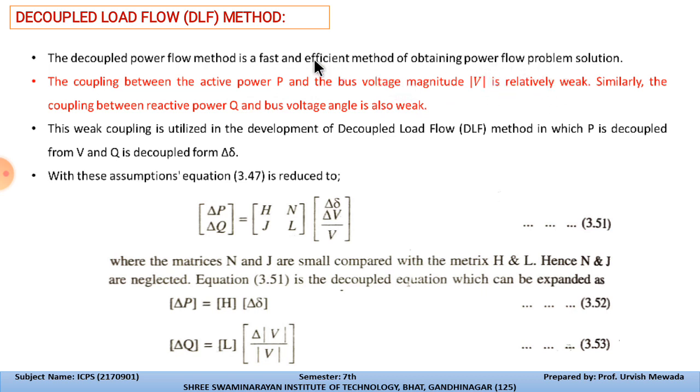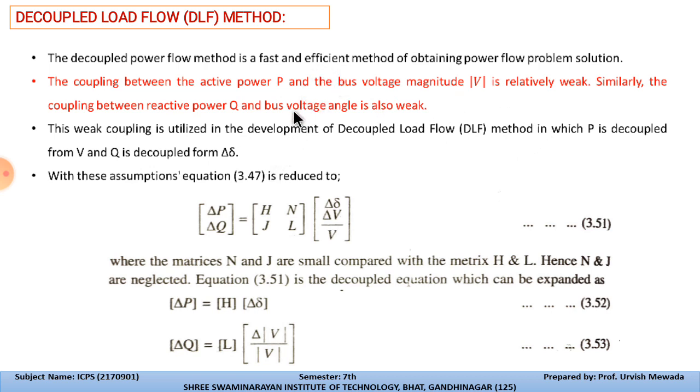Whenever the relation between P and V is weak, similarly the coupling between Q and the bus voltage angle delta is also weak. So this weak coupling is utilized in the development of the DLF method. This is the advantage of the DLF method, in which P is decoupled from V and Q is decoupled from delta.